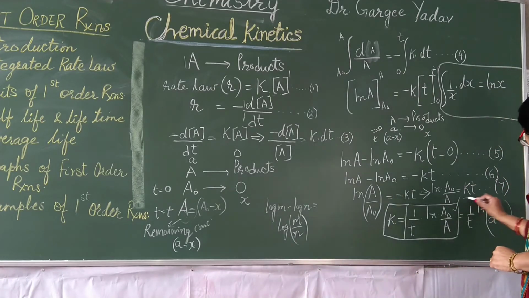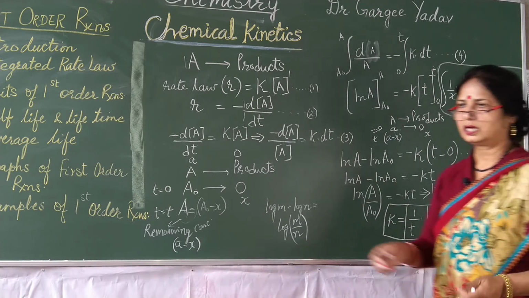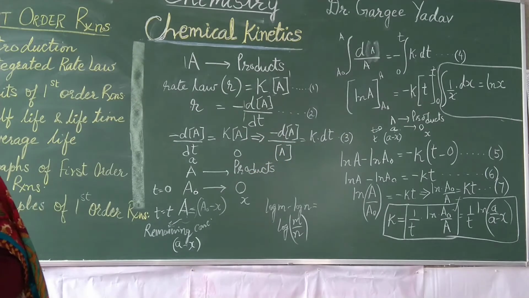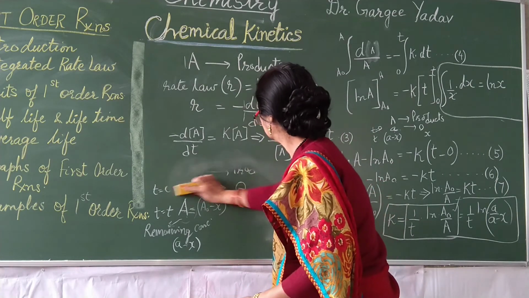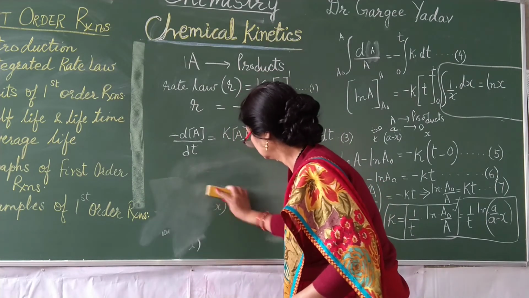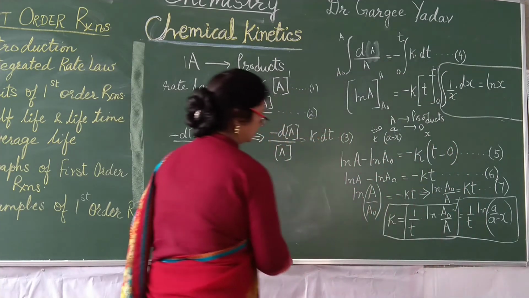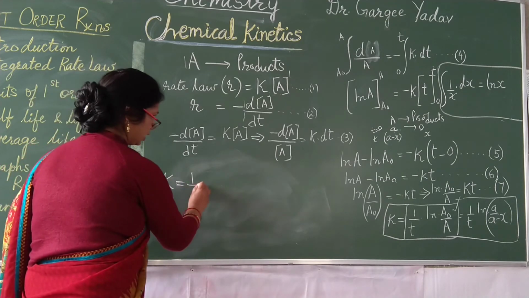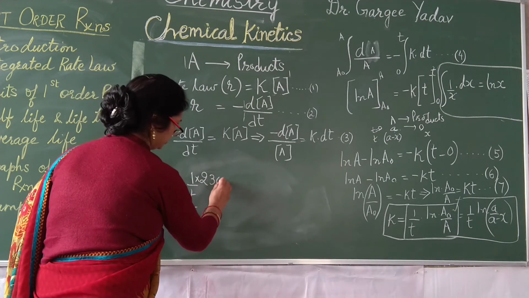So this is also one of the expressions for the rate law, and one more expression can be there when you change this log natural to log base 10. Then k will be equal to 1 upon t multiplied by 2.303.